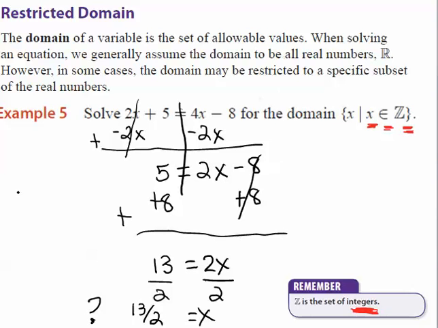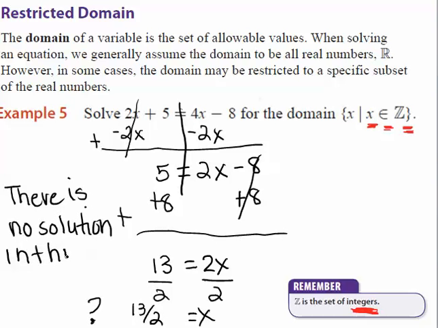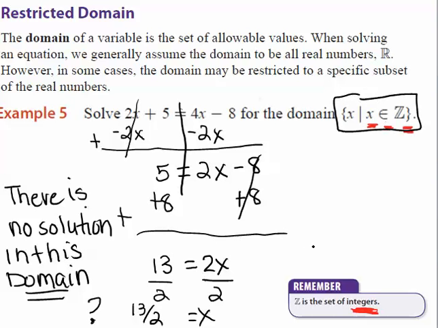So that means there is no solution in this domain. That just means that our answer is not an integer, okay? Because we restricted it to just the set of integers, but there's no answer that becomes an integer.